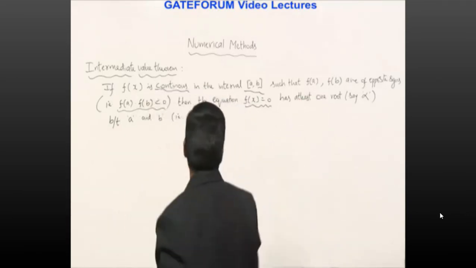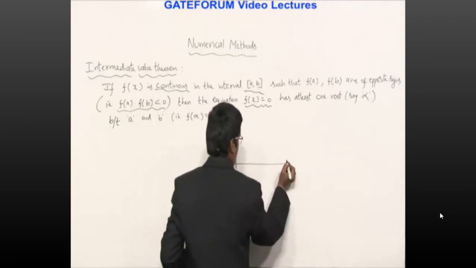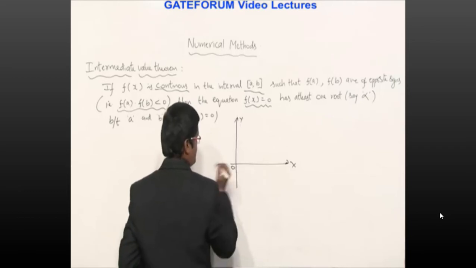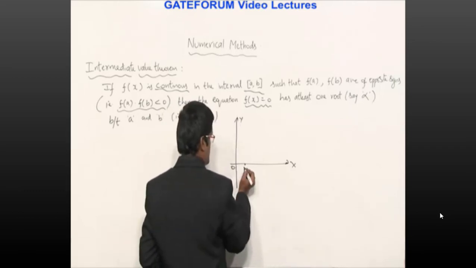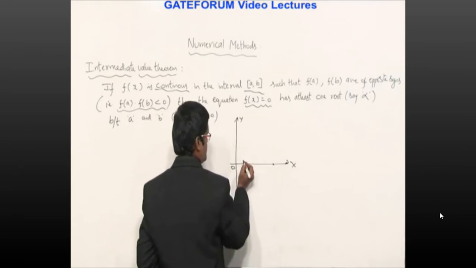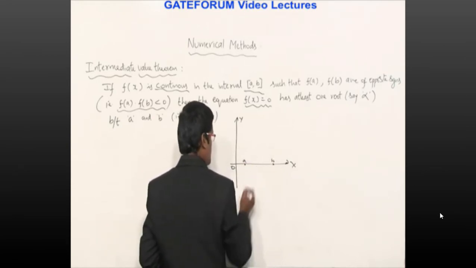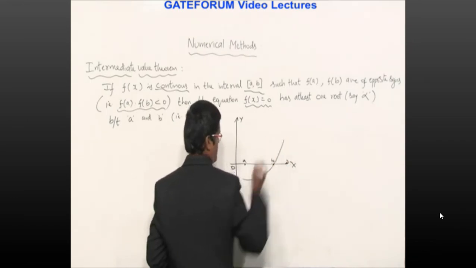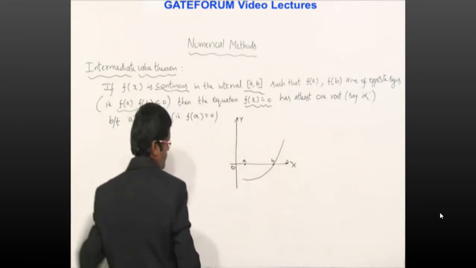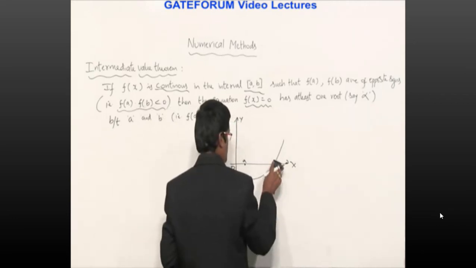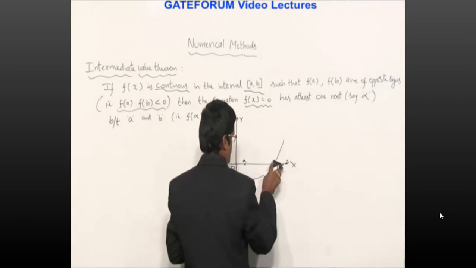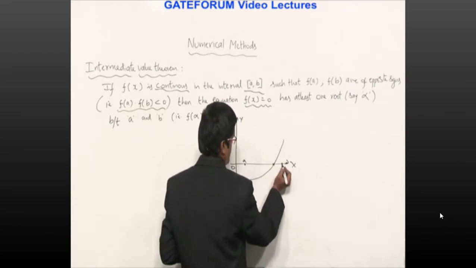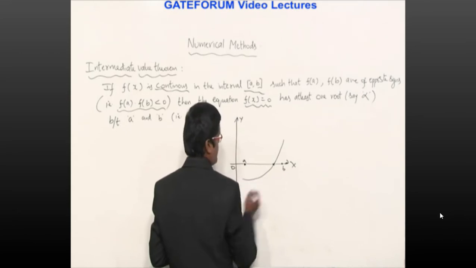Okay, so geometrically see, x-axis, origin, y-axis. Now this is a, say this is b. Now a graph, here take b, here take alpha.